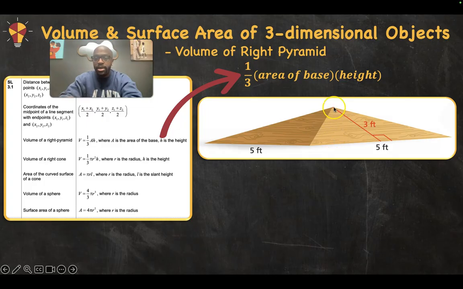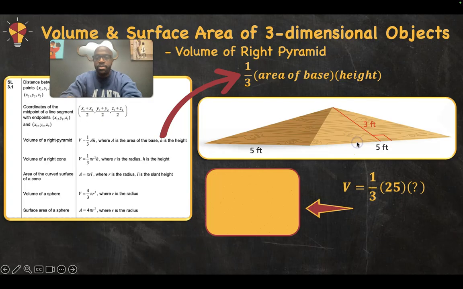Now, if I drop a line from this tip to the middle here, think about where we're at. If I had to draw it back to the edge, that's only going to be half of this distance. So that's going to be 2.5. So then that means it's going to be 2.5 squared plus the height squared is going to equal 3 squared, which gives us 6.25 plus h squared equals 9.